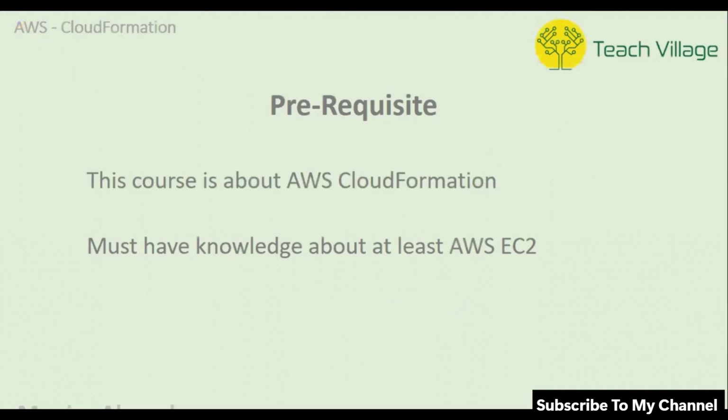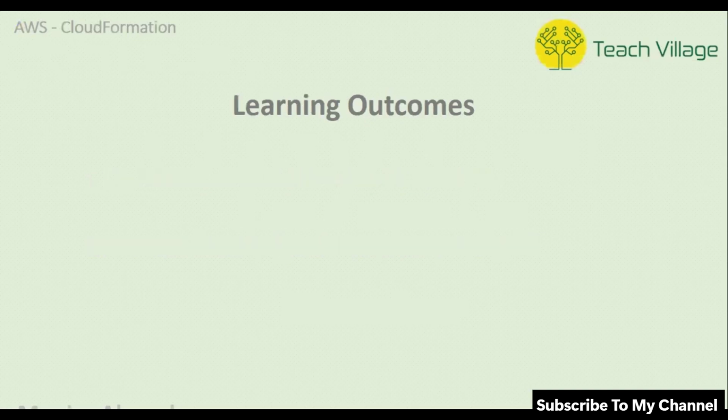A learner should have a basic level of understanding of AWS EC2, and this course also assumes that someone can open an account using AWS and has a computer and internet connection, because this course does not cover how to open an AWS account. So let's have a look into what we are going to learn in this course.